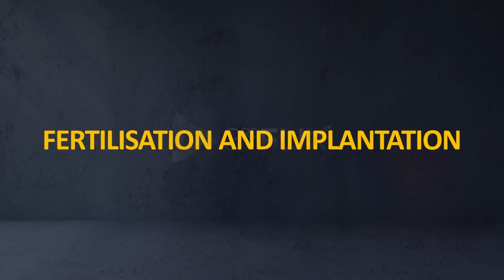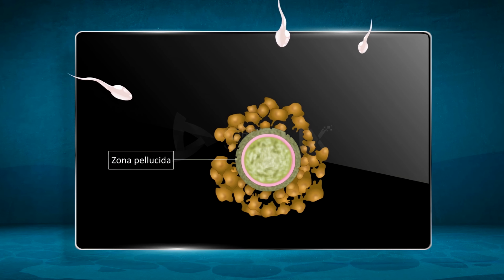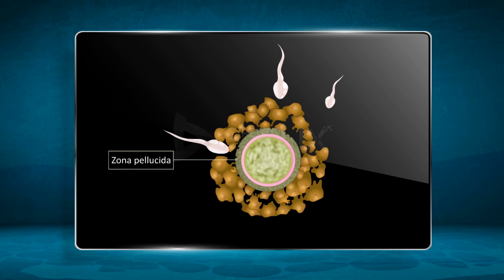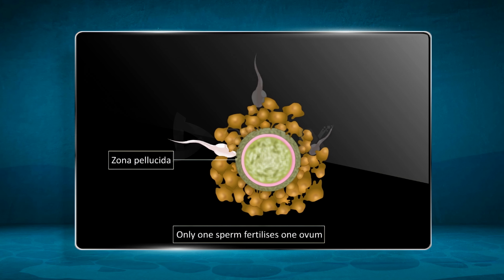Fertilization and implantation. In the process of fertilization, a sperm meets the zona pellucida membrane of the ovum, which blocks the entry of additional sperms. Therefore, only one sperm is successful in fertilizing one ovum.